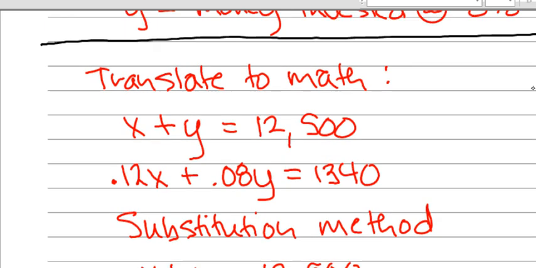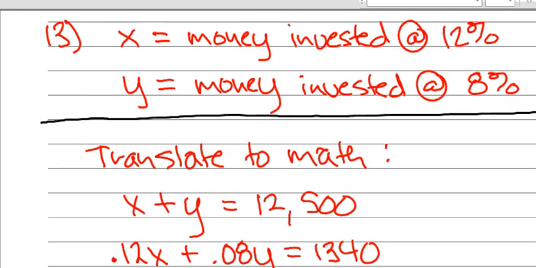So now I'm going to write my two equations. I'm going to translate the second sentence into math. It says part of the money is invested at 12% and the rest is invested at 8%.